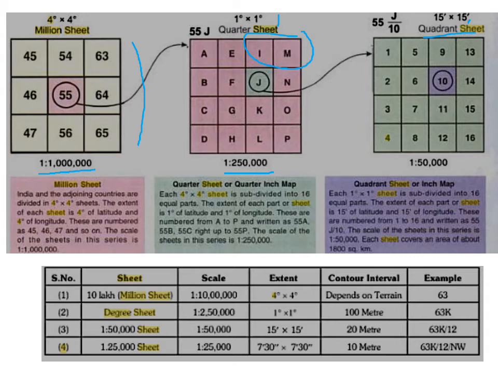It also has 16 grids, and the scale of each grid is 1 is to 50,000. And this quadrant sheet can also be further divided into 4 quadrants, named the northeastern part, the northwestern part, the southwest and the southeastern part, and that nomenclature is given in this table.